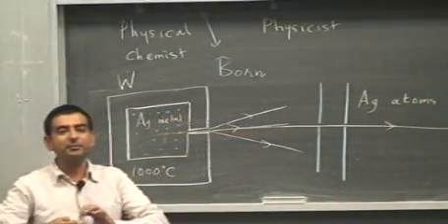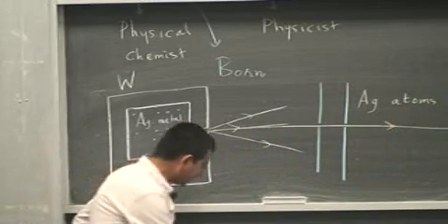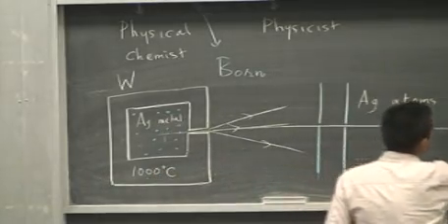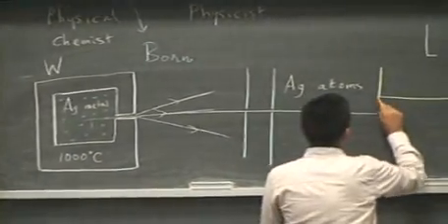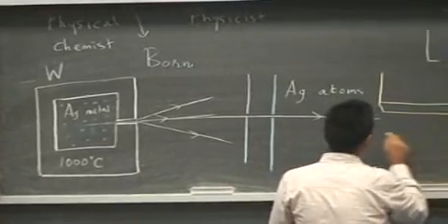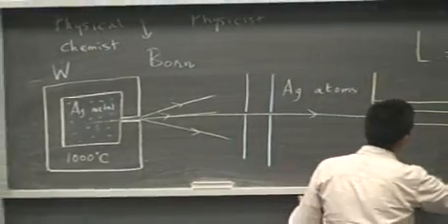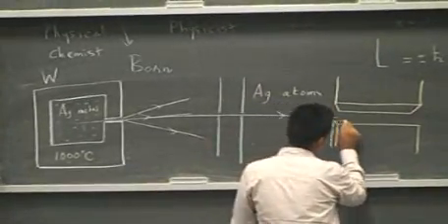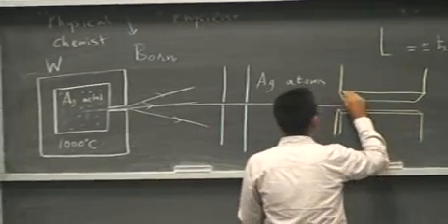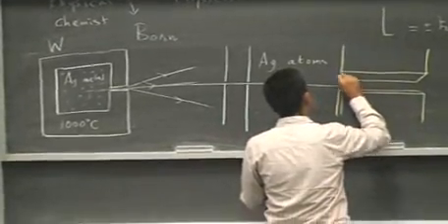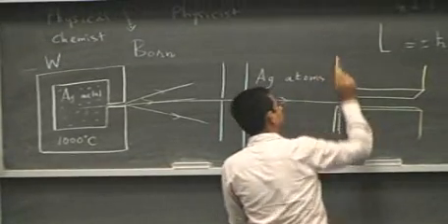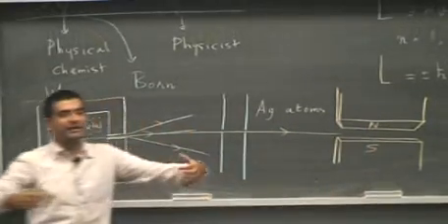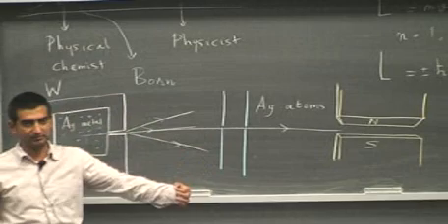Now he passed this beam of silver atoms through an arrangement like this. Through a magnetic field, through the poles of a magnet.